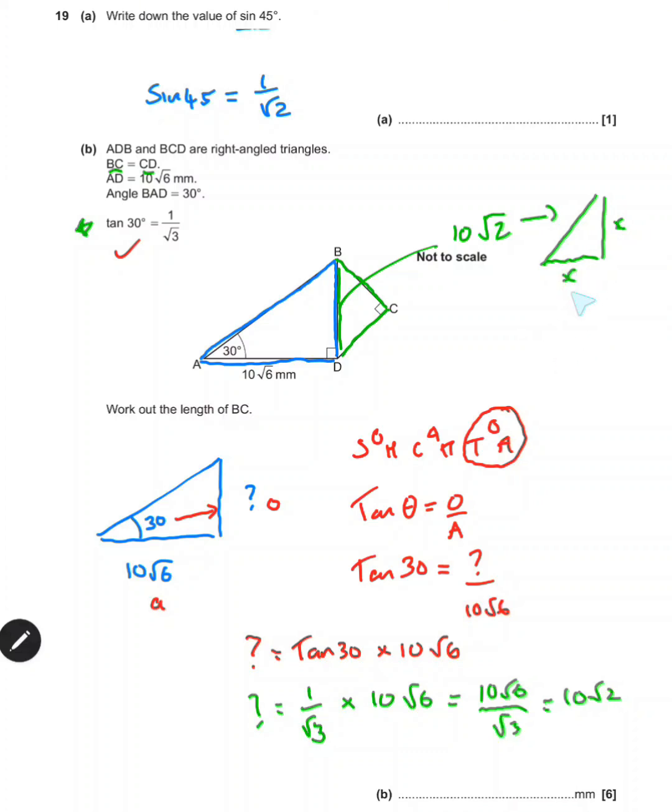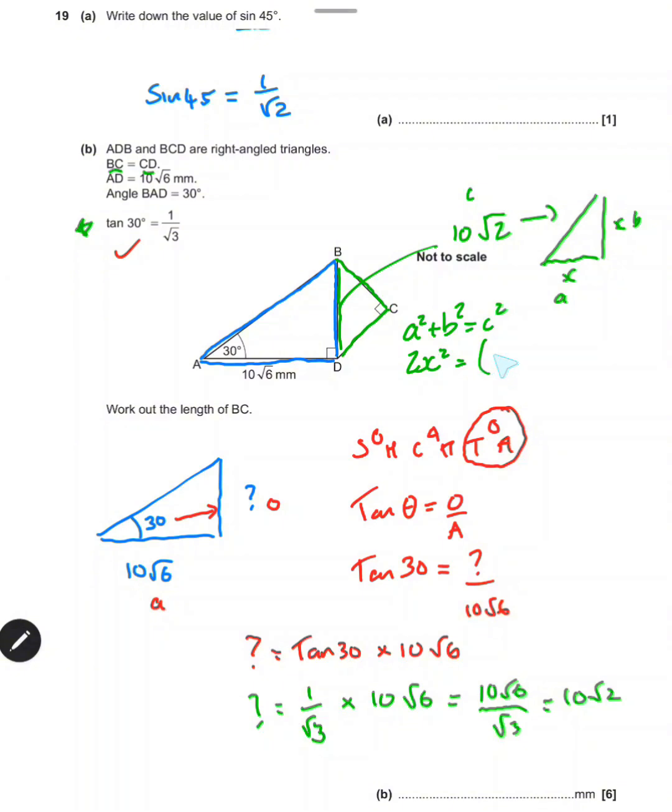What we can use now is Pythagoras' theorem. If I call that A, that B, and that C, then A squared plus B squared equals C squared. If these are both the same, I can call them both X. So you get X squared plus X squared, which is 2X squared. And we know that C is 10 root 2.